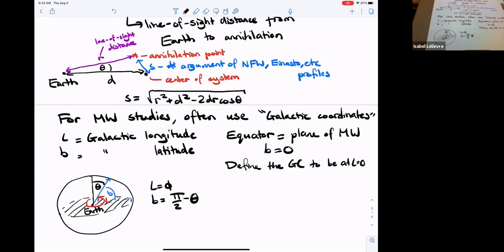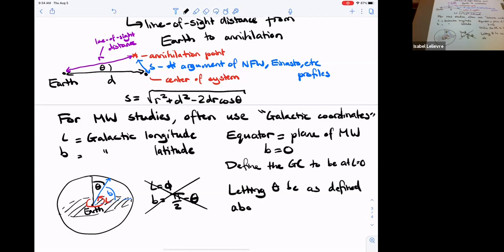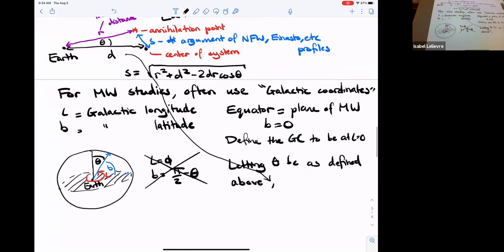So having written the relation to the usual spherical polar coordinate system, I am now going to cross that out and say, letting theta be as defined above, there is a relationship between L and B and theta, which is just that cos theta is equal to cos L times cos B.